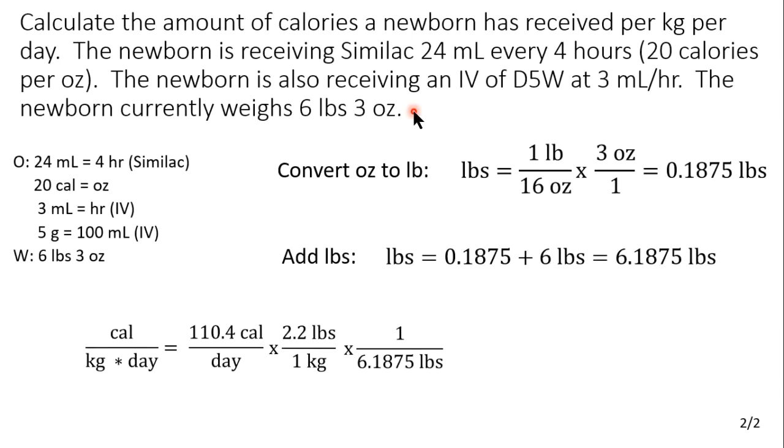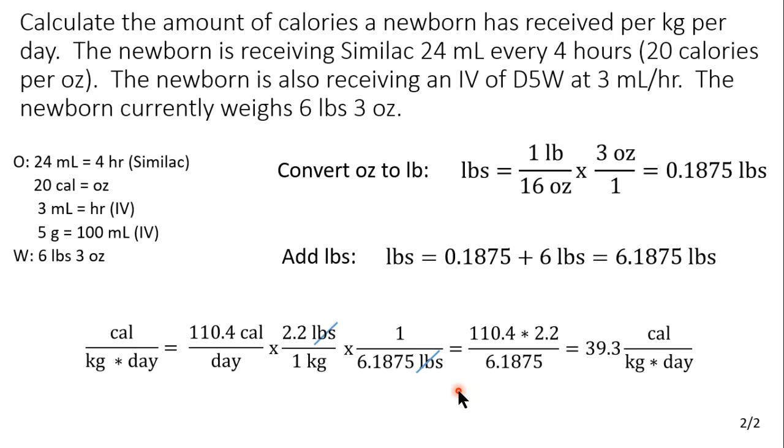As I had mentioned before, the one that you need as a placeholder depends on whether you want your units in the bottom or in the top. In this case, we want the pounds in the bottom so that they can cancel the top. Therefore, that's why we put the 1 on top and the pounds on the bottom. So then the pounds cancel out. We multiply and divide. So 110.4 times 2.2 divided by 6.1875 gives us 39.3 calories per kilogram per day.